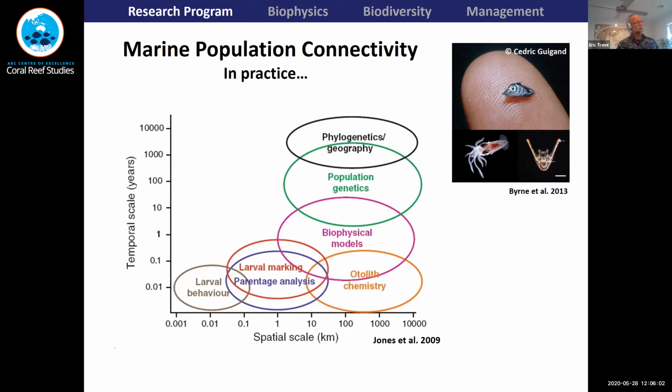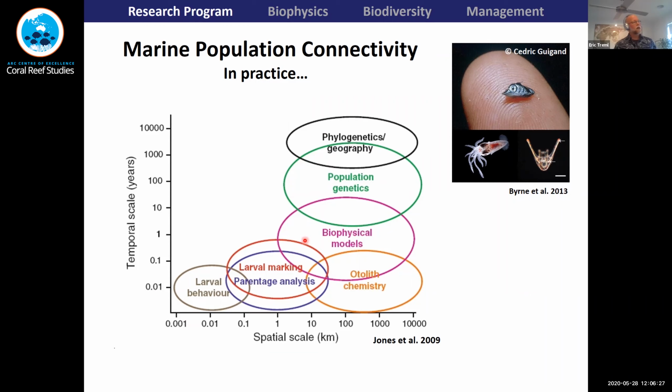I still love this paper from over a decade ago now, from Jeff Jones, highlighting the diversity of tools we collectively as a community use to investigate connectivity, ranging from tank and field-based behavioral experiments, to powerful otolith microchemistry approaches, all the way through to population and phylogenetic approaches.